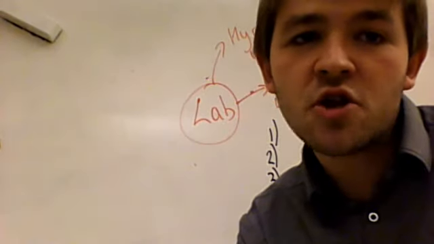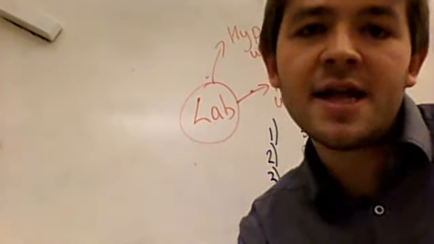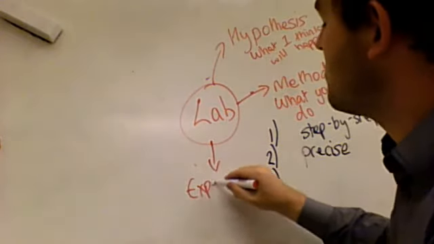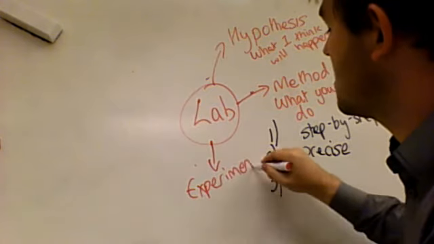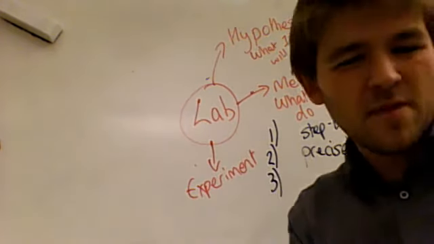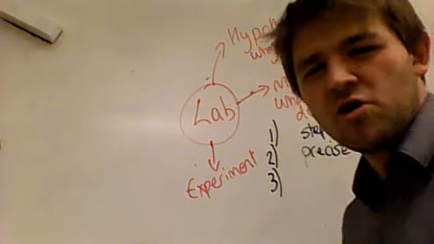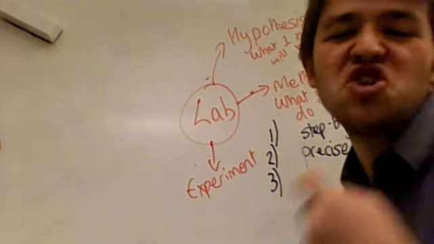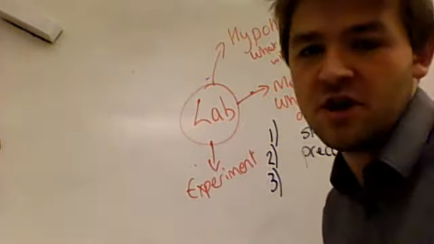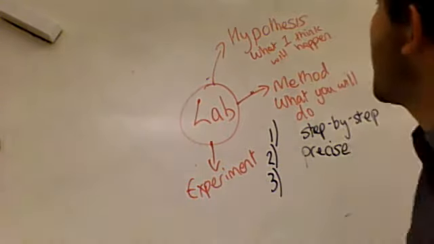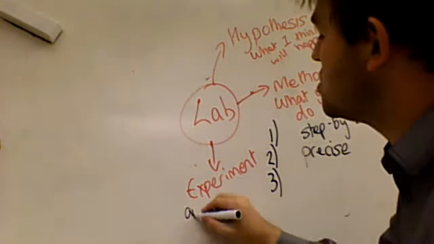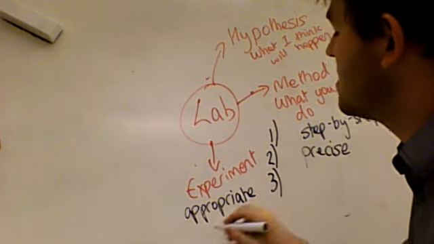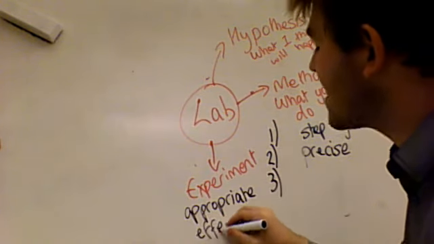And then of course it comes to the lab itself, actually doing the experiment. And for those students looking at the A grades, it's not enough just to get an answer from your experiment. It needs to be done in a way that is appropriate and effective.